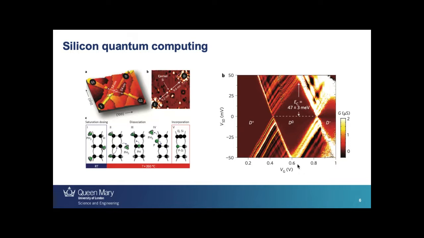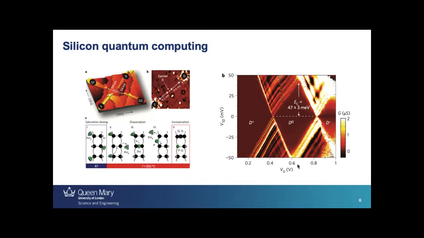So you make a device out of that where if you measure the current as a function of the gate voltage and the bias voltage, you get this nice diamond pattern, which is indicative of single electrons going onto the phosphorus donor and then off again. So the current goes by what is known as sequential electron tunneling. Electrons tunnel sequentially from the source onto the donor and then onto the drain again. And you have these regions where the current is blocked, where there's no current flowing. The reason for that is that electrons repel each other.